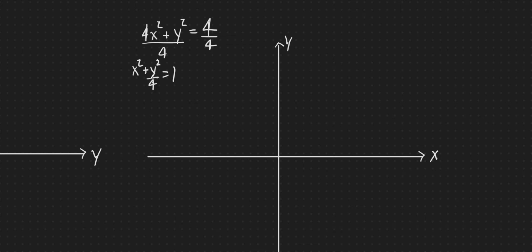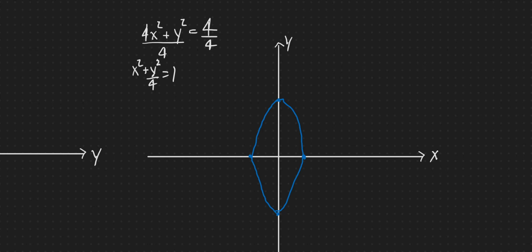If y is equal to 0, I get plus or minus 1. So maybe that's here and here will be my plus or minus 1 on the x-axis. And my y will go plus or minus 2. So maybe there's plus 2, minus 2. Without giving too much details. And then my ellipse will look something like this.